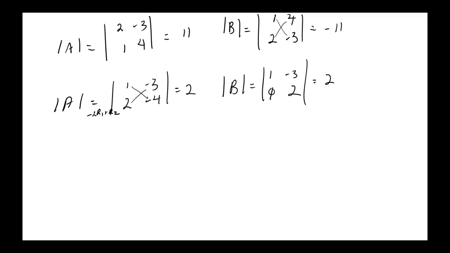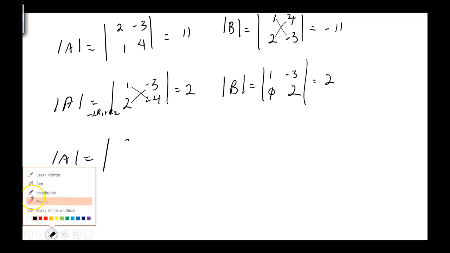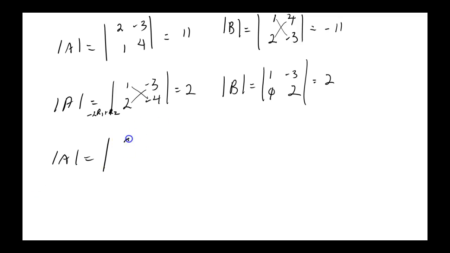Okay? And then the third, the C down here. Our matrix A is 2, negative 8, negative 2, 9.